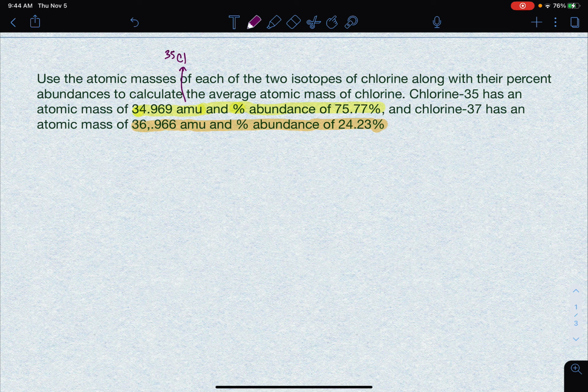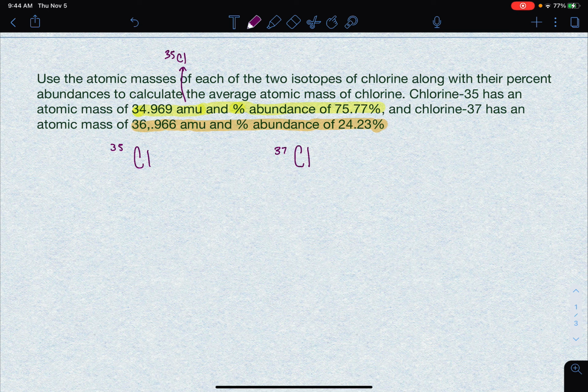I have chlorine-35 and I have chlorine-37. And those are the 2 versions of chlorine that exist. Chlorine-36 is not really stable for complicated physics reasons. So chlorine-36 just, it doesn't exist. But chlorine-35 and 37 are both okay.